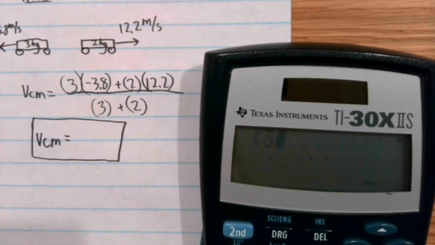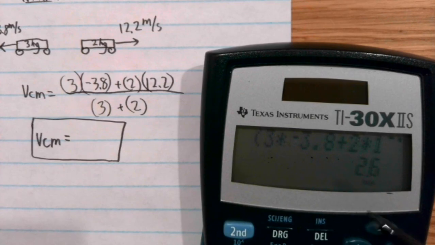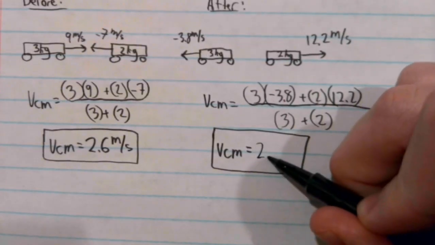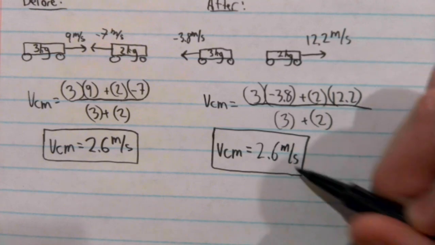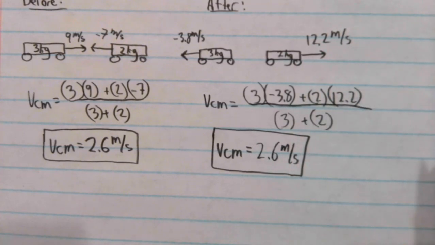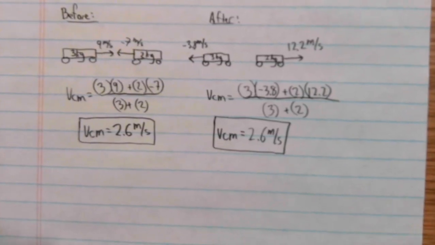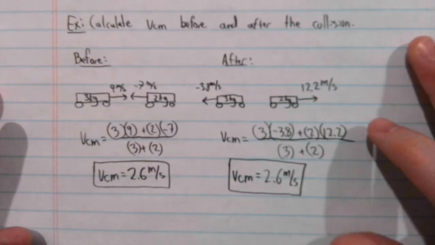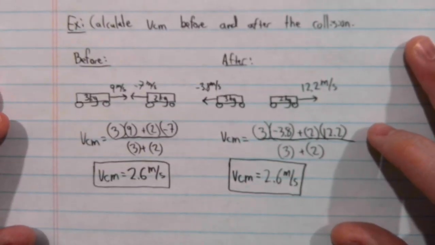Let's see if it works. 3 times negative 3.8 plus 2 times 12.2 divided by 3 plus 2. Boom goes the dynamite. We got 2.6. So this is the case for any collision as long as there's no external forces. Momentum is conserved, and so is the velocity of center of mass.